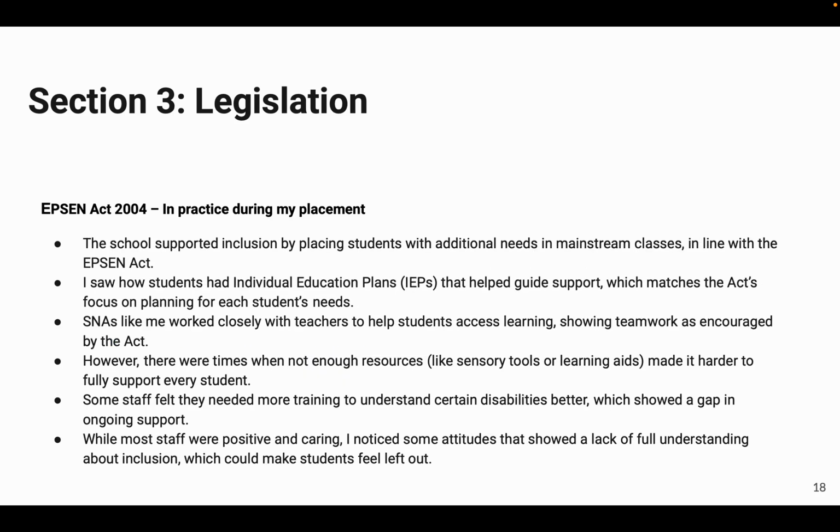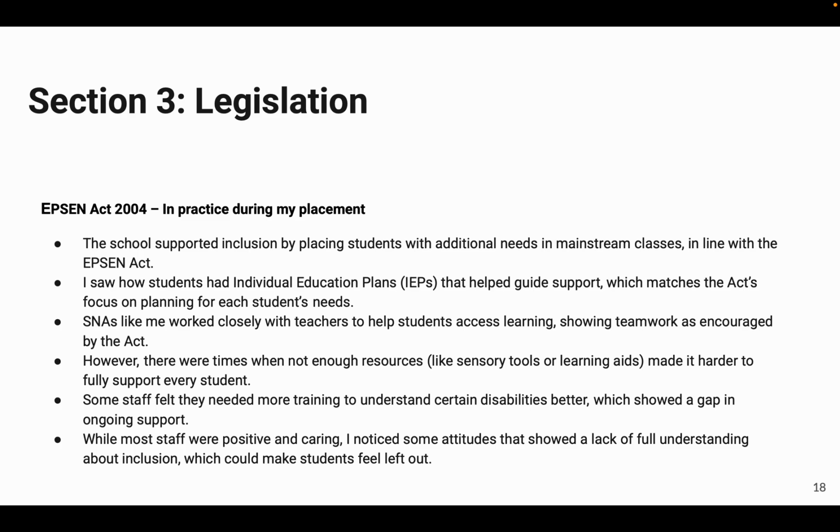The EPSEN Act 2004 in practice during my placement. The school supported inclusion by placing students with additional needs in mainstream classes, in line with the EPSEN Act.